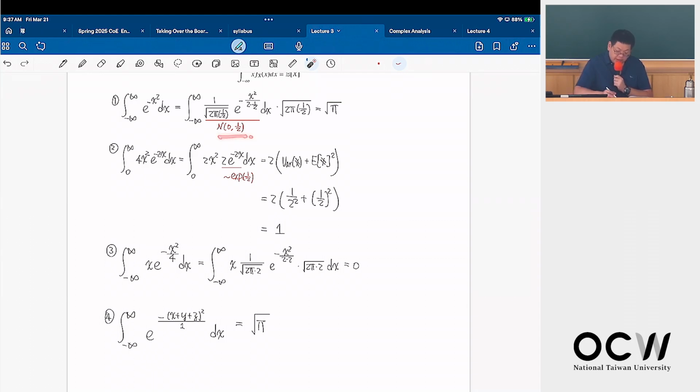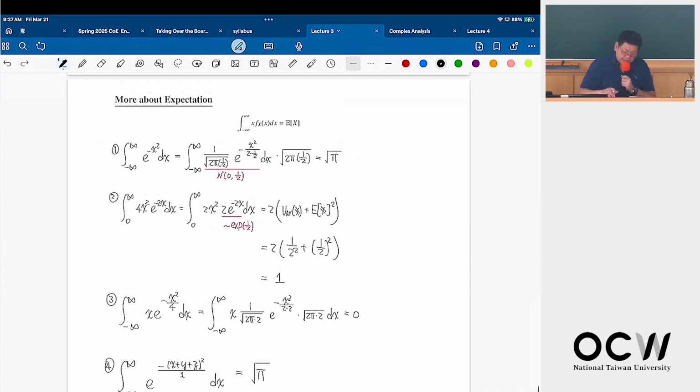Overall, by the properties of a PDF, this will be 1. So no matter what your mean is, whether y, z, w, d, whatever those mean, it doesn't matter, because here the integration will be 1. So you'll get square root of pi.